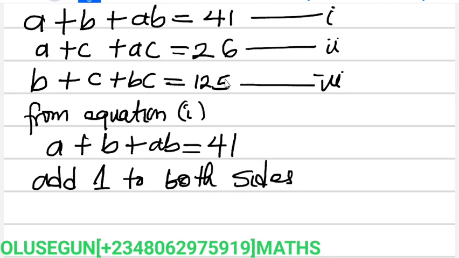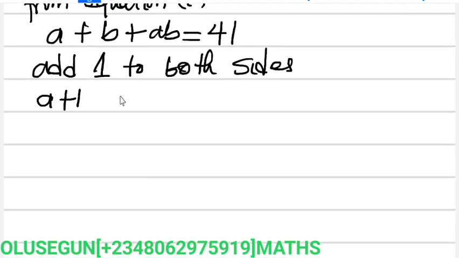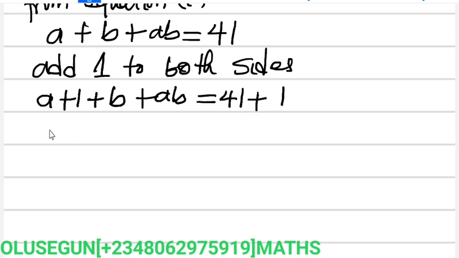Adding 1 to both sides, we have a plus 1 plus b plus ab is equal to 41 plus 1, which is 42.